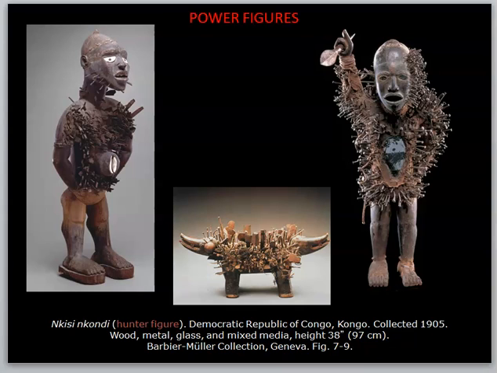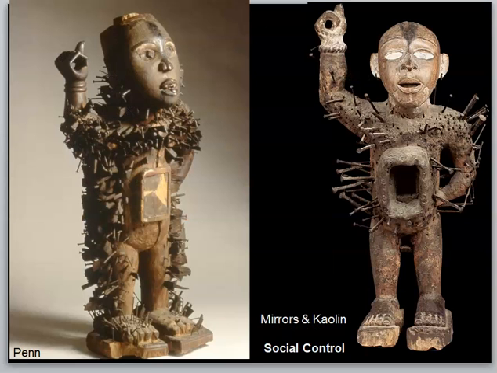The priest would then fill its compartment, and let's take a look at another example of this, where it's a little clearer. There you go. The one on the left is located in the University Museum at Penn.